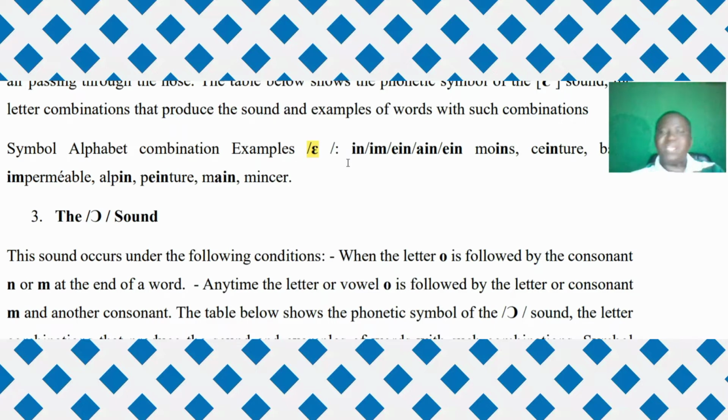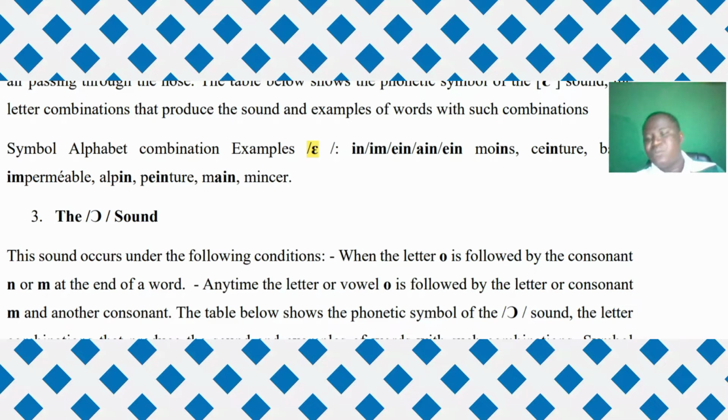And I told you earlier that you pronounce the nasal sound with your nose. So it's funny to you, but you are going to pronounce them in words like impeccable, afin, peinture, mais. Can you see that?